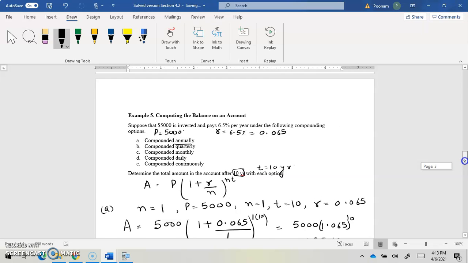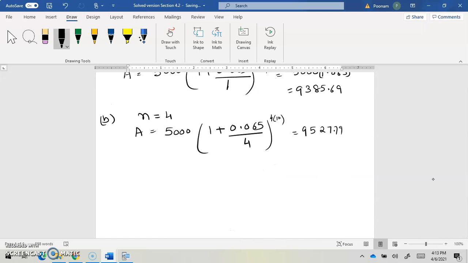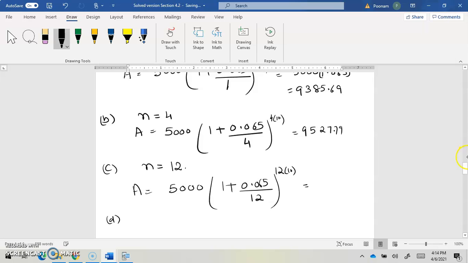What happens if it is compounded monthly? How many months are in a year? N would be 12. So amount will be 5,000 times 1 plus 0.065 divided by 12 raised to power 12 times 10. So you can use a calculator to calculate that.